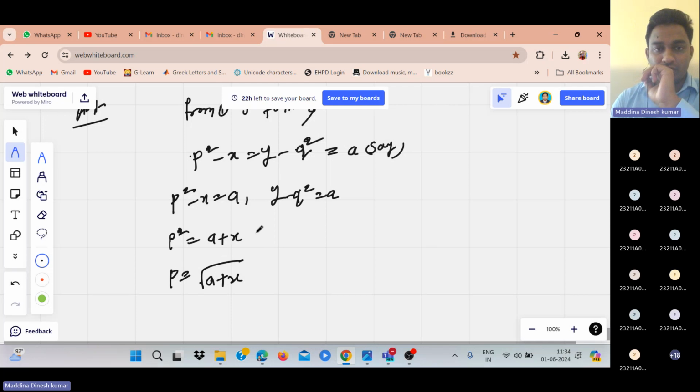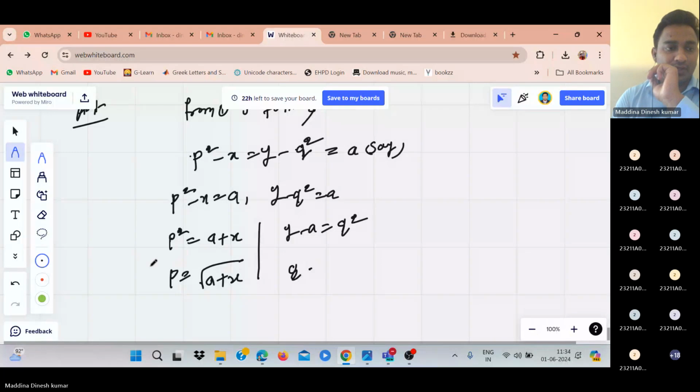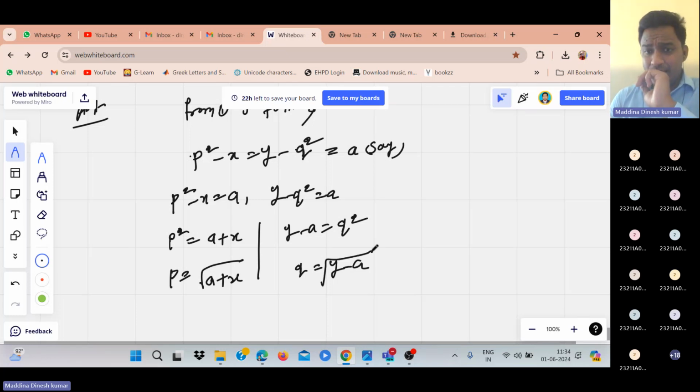Okay, here considering only the positive term. Then we will get y minus a equal to q square, q equal to square root of y minus a. Now we got p and q.